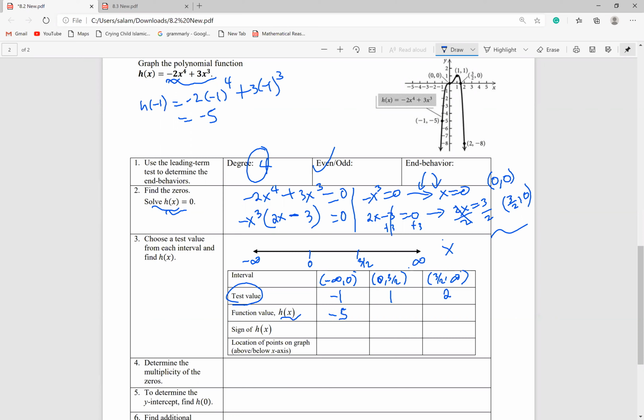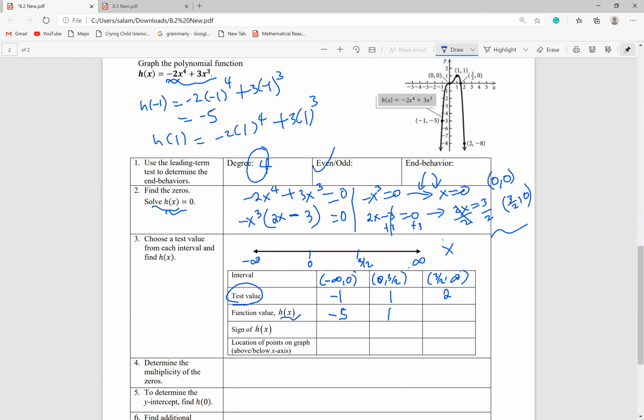Then we also have to find h of 1, which should equal -2 times 1 raised to the power 4 plus 3 times 1 raised to the power 3. If you do that, you get 1.